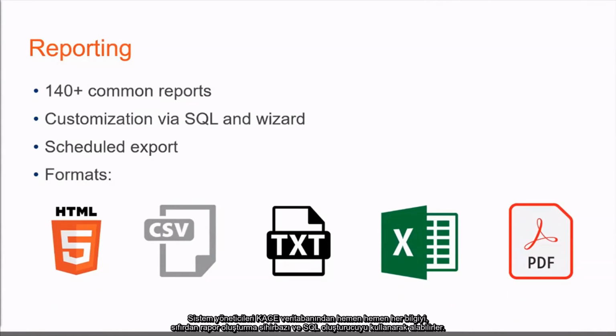With options to create reports from scratch using the wizard and the SQL Creator, administrators can pull virtually any piece of information from within the Kace database, be it software or hardware related, service desk productivity, compliance reporting, or asset identification. Report delivery can be scheduled to any interested parties using their email addresses and can be exported as a web page, a CSV file, a text file, an Excel workbook, or a PDF.